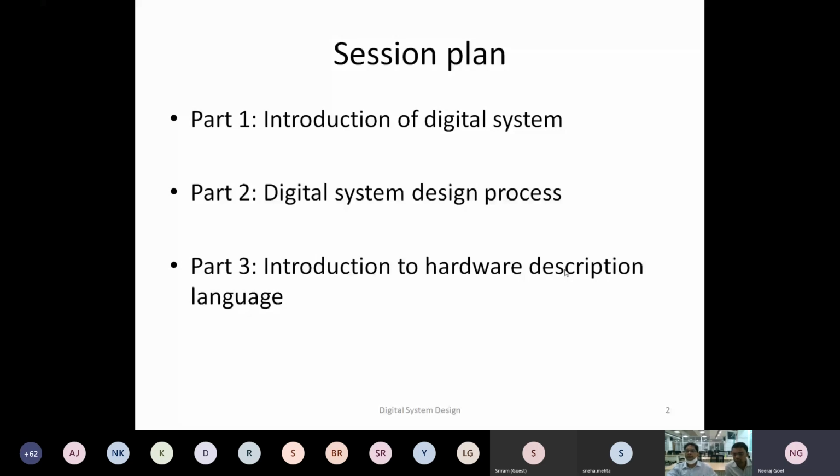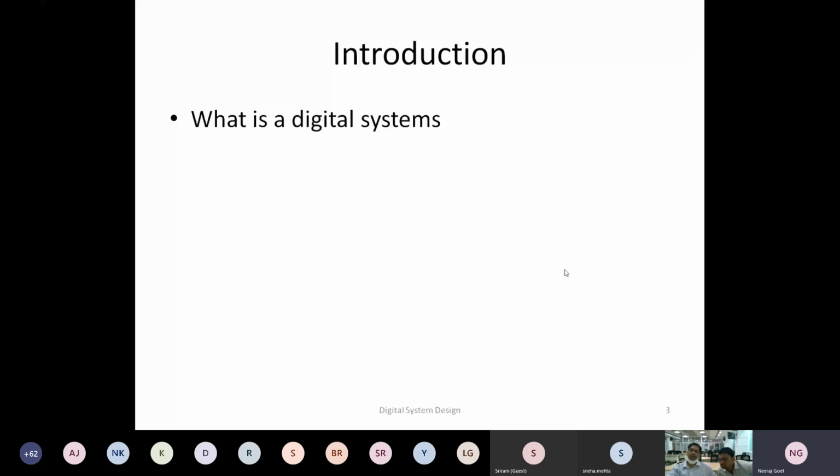Yes, so let's start. You see the module name is design of digital system. So first we have to understand what is a digital system, or in fact we have to first ask ourselves what is a system. The word system is applied to many things, like when we start reading science, we say solar system, we say computer system, we say family system.